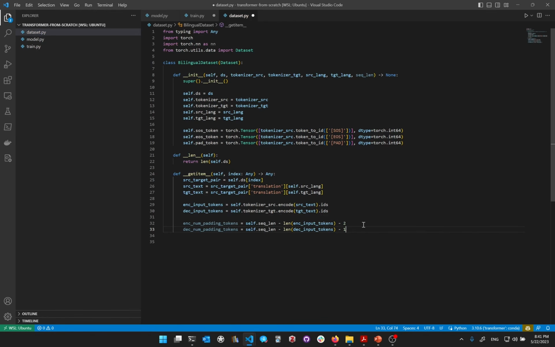If you remember my previous video, when we do the training, we add only the start of sentence token to the decoder side, and then in the label we only add the end of sentence token. So in this case we only need to add one special token to the sentence. We also make sure that this sequence length that we have chosen is enough to represent all the sentences in our dataset, and if we chose a too small one, we want to raise an exception. So basically this number of padding tokens should never become negative.